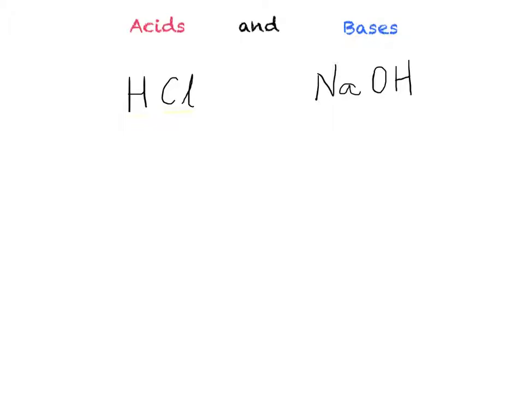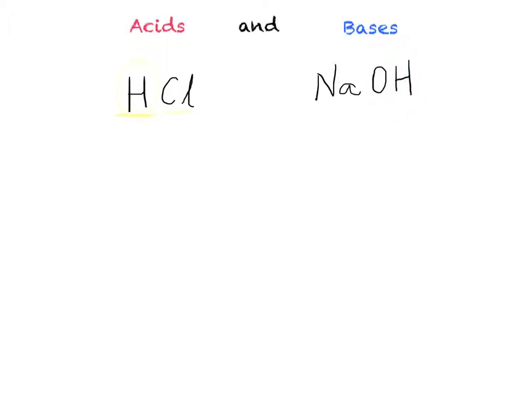Hydrochloric acid is a common strong acid, and when you dissolve this into water, hydrogen is added into the solution. So this is an acid because it can share this hydrogen ion. Now, on the other hand, when we look at the bases, instead of just the hydrogen, they have this OH group.